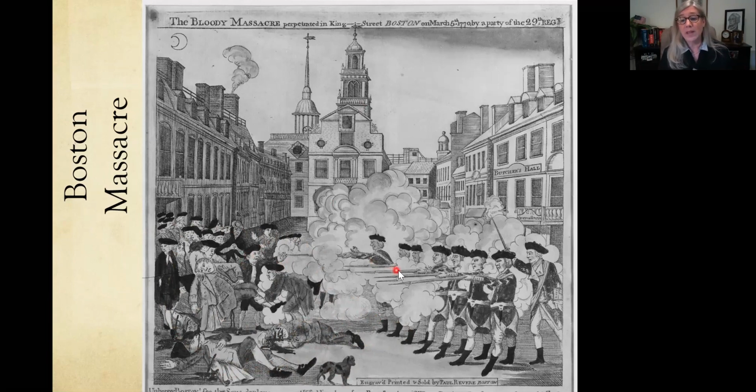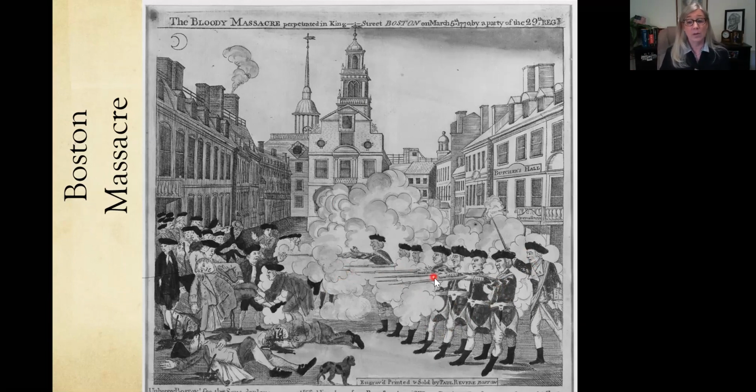But then if we look at these soldiers, who would this guy be? He would be the commander, wouldn't he? So notice where Paul Revere has positioned him, behind the soldiers. And then they look like they're stepping forward. They're the aggressor. They are completely at fault in all of this.